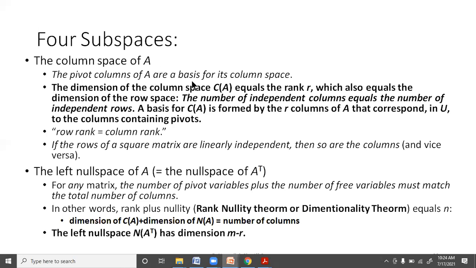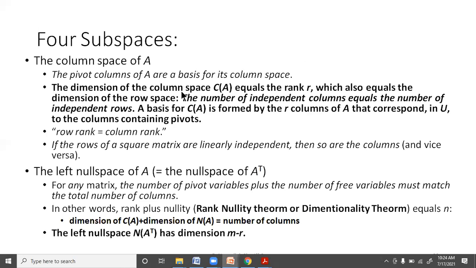So pivot columns of A are the basis of its column space. Whatever pivot columns are there in A, you take the linear combination of them to find the column space.